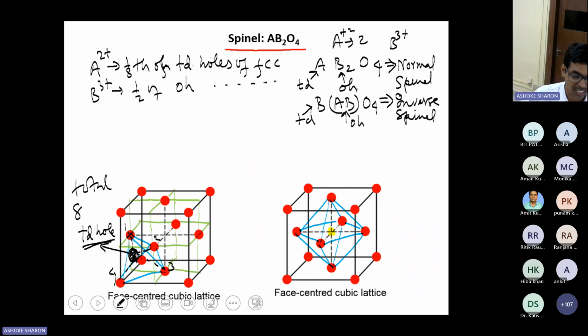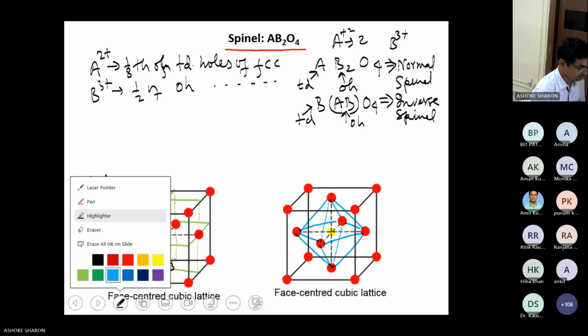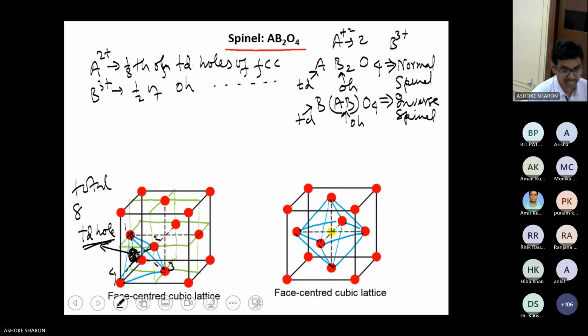In the FCC unit cell, not only this central octahedral hole, there are several other octahedral holes. Several other octahedral holes can be understood by simple consideration. If you extend these things, I am drawing one face here and extending to the other sides.